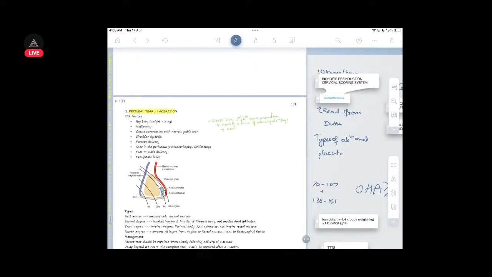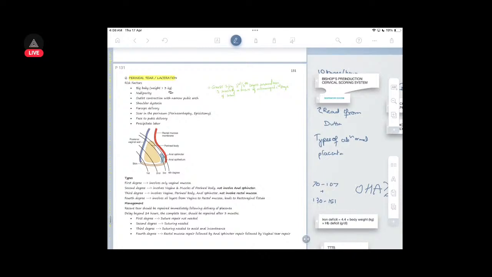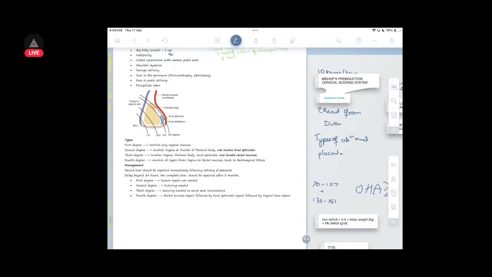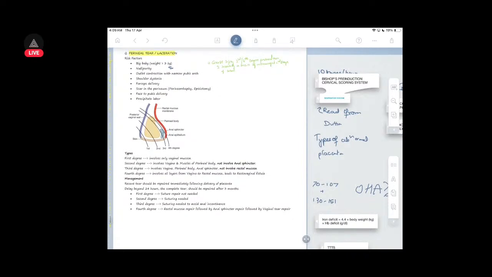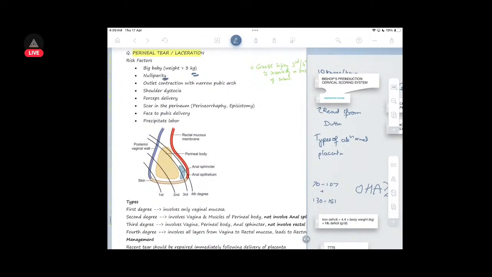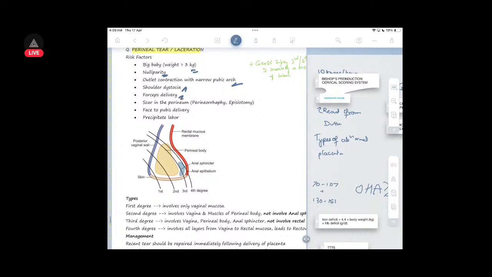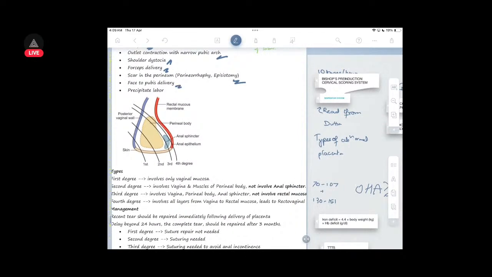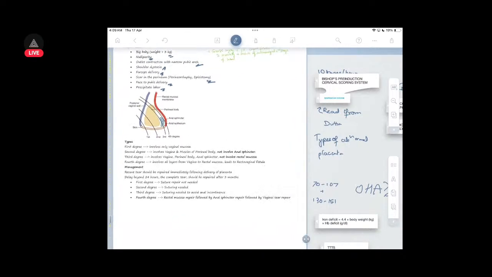Let's finish it off. Perineal tear. Okay. The risk factors for perineal tear or laceration are big baby, nulliparity, outlet contraction, shoulder dystocia, forceps delivery, scar in the perineum like from previous perineal repair or episiotomy, face to pubis delivery, and precipitate labor.